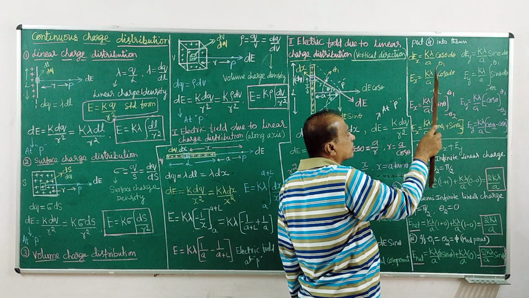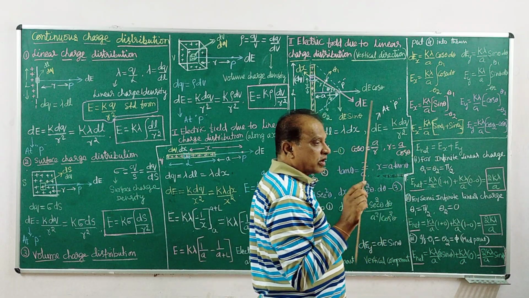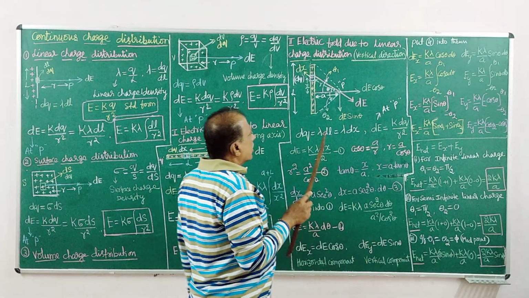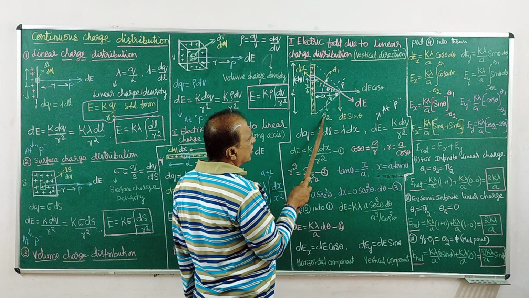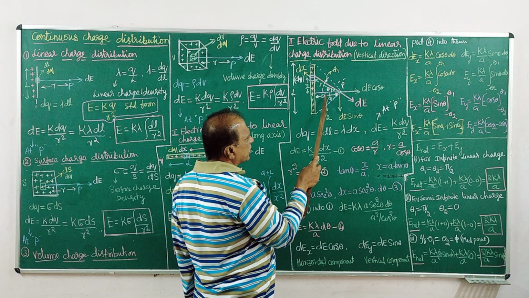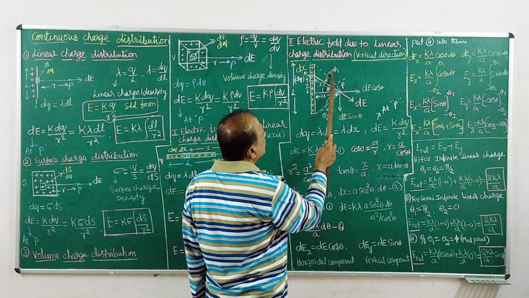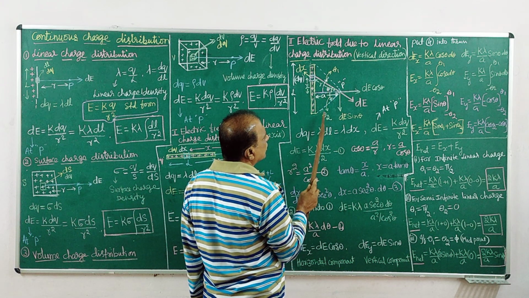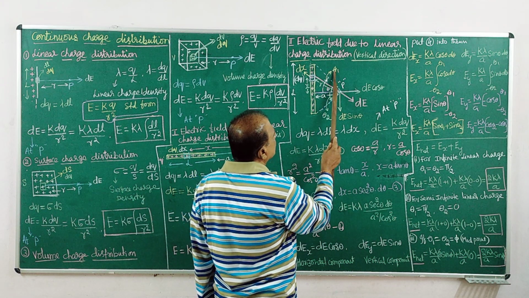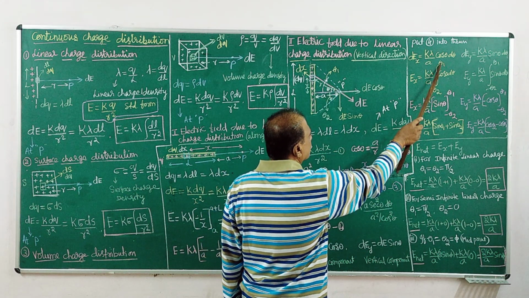What is the limit we apply? That is very important. Correct limit is theta. I told you this theta 2 is a negative value. It is minus theta 2 to plus theta 1. That is the correct limit.